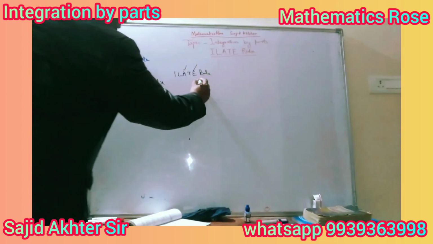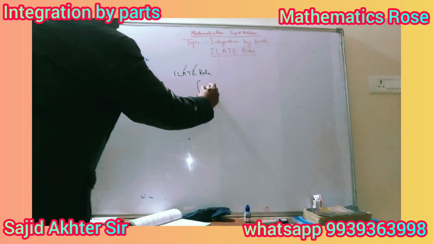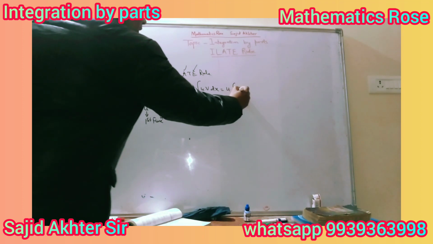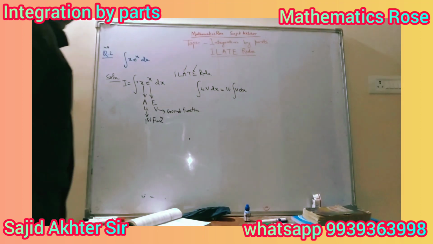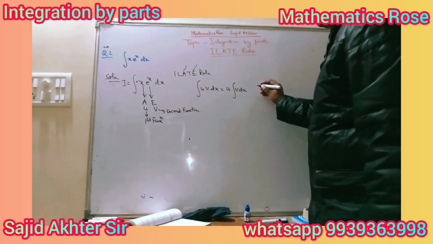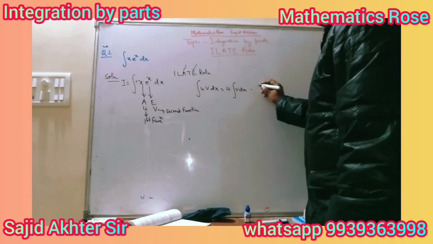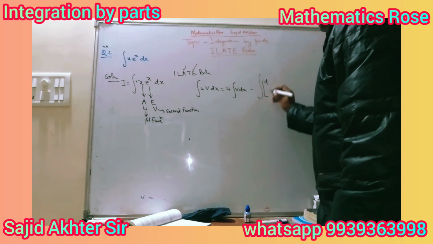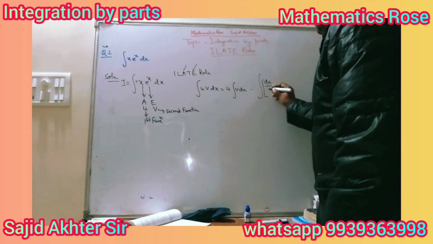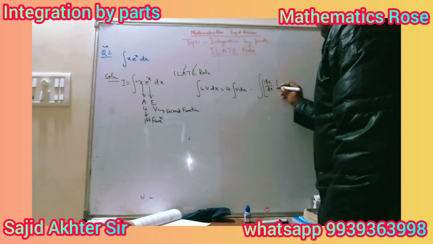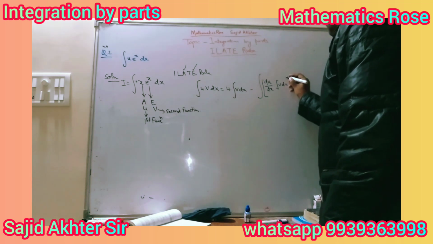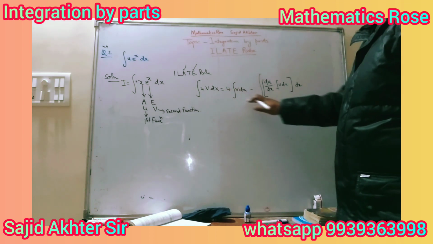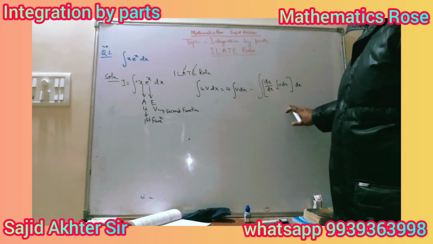So we will use the formula of integration by parts: the integral of u times v dx is equal to u times the integration of v, minus the integration of the differentiation of u with respect to x times the integration of v with respect to x, into dx. This is the integration by parts formula.